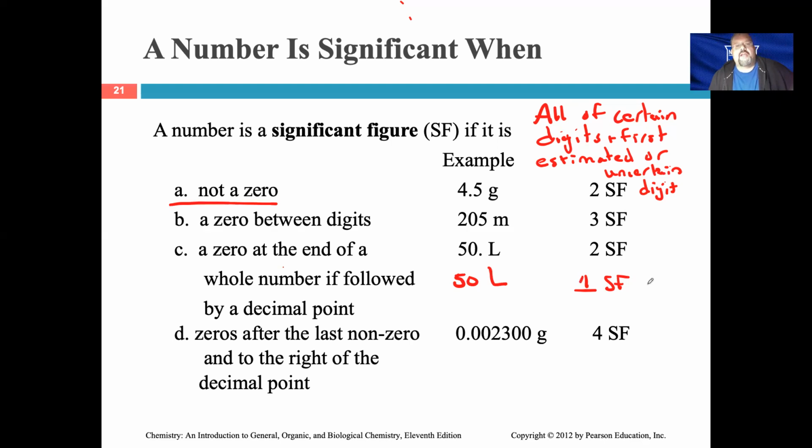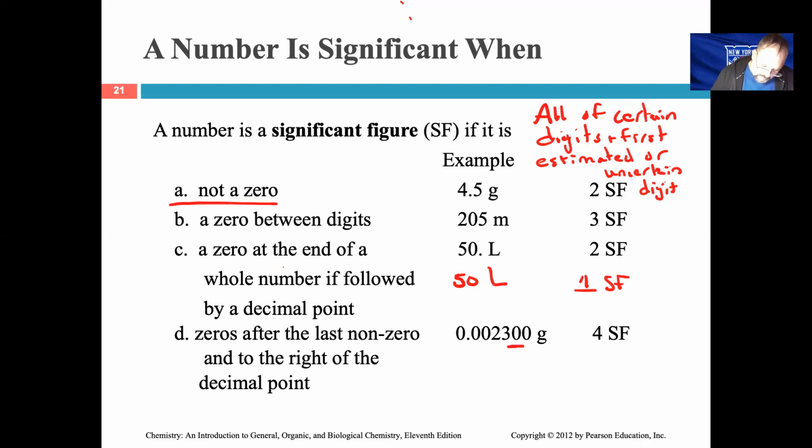Okay. Letter D, zeros after the last non-zero digit and to the right of the decimal point are significant. So the 2 and the 3 would be significant because they're not zero.